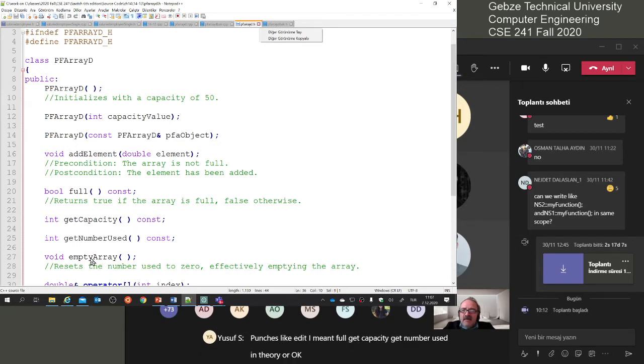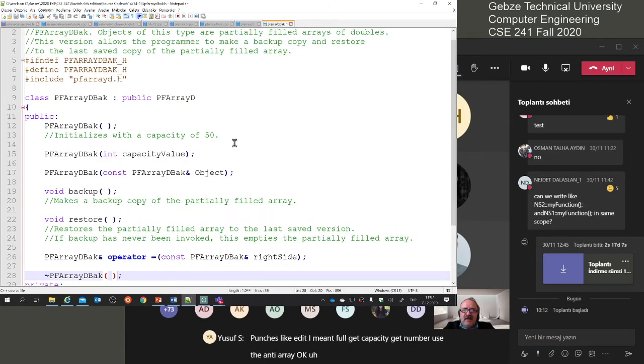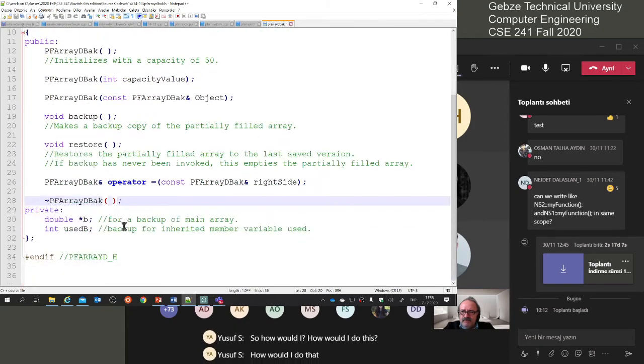On top of it, I will have backup and restore. So how would I do this? In my private section, now this is private, this is not protected.